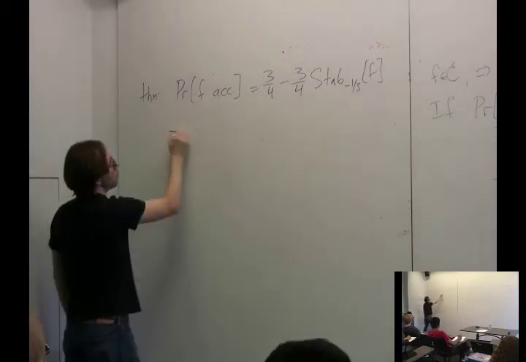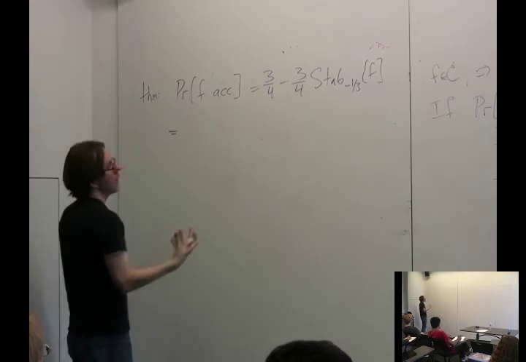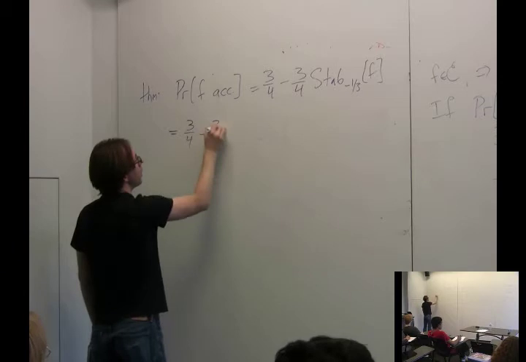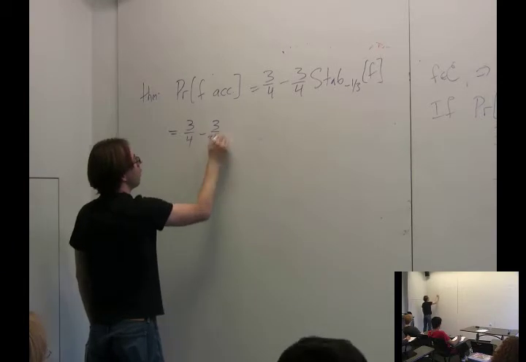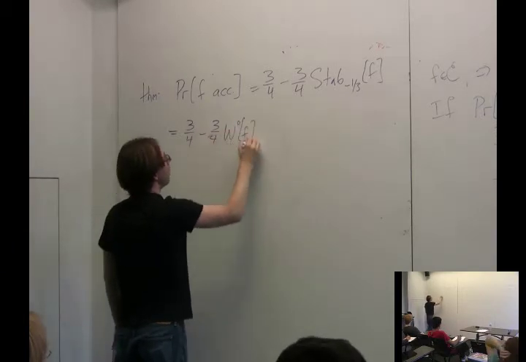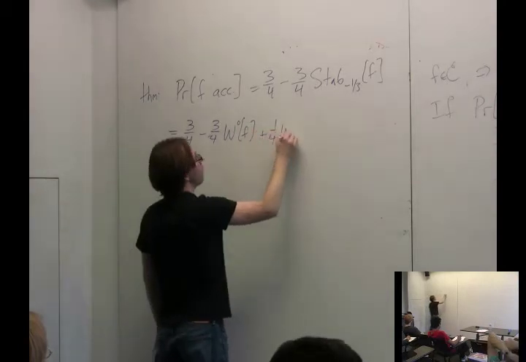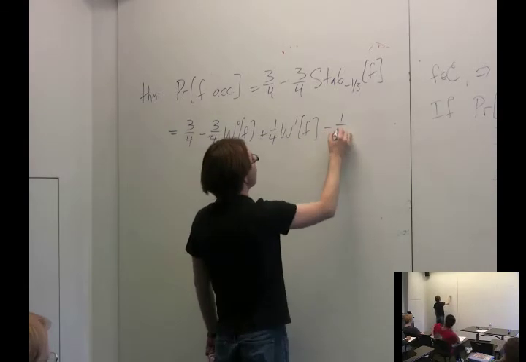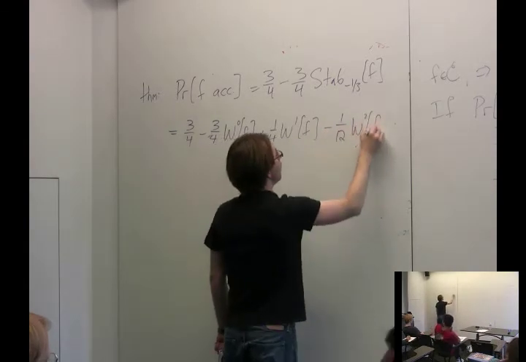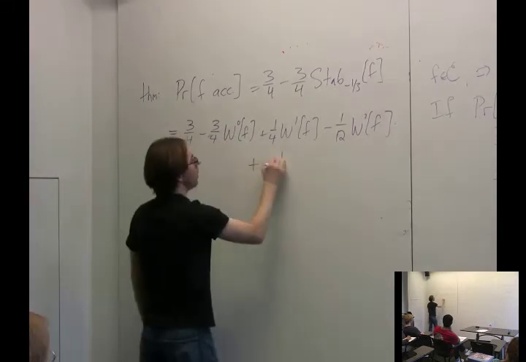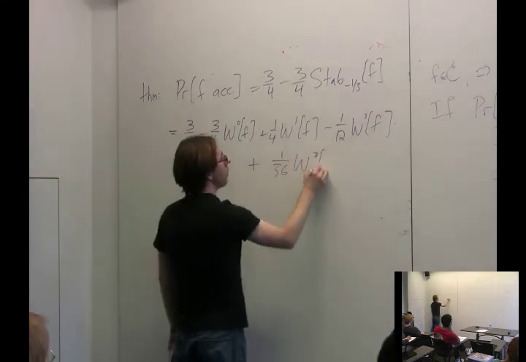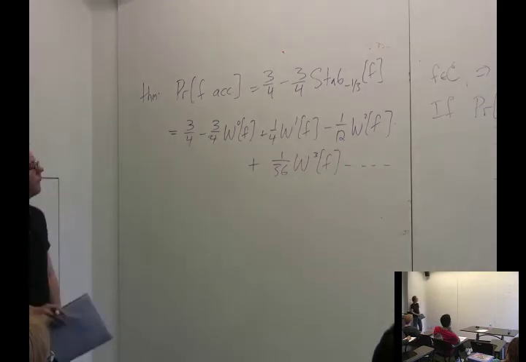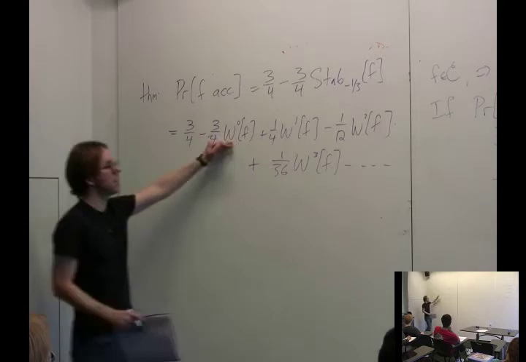Expanding out the Fourier formula in terms of the Fourier weights of f at differing degrees, you get 3/4 minus 3/4 the weight of f at degree 0, plus 1/4 the weight of f at degree 1, minus 1/12 the weight of f at degree 2, plus 1/36 the weight of f at degree 3, minus and so on. Remember, if you have a Boolean function, these weights add up to 1.